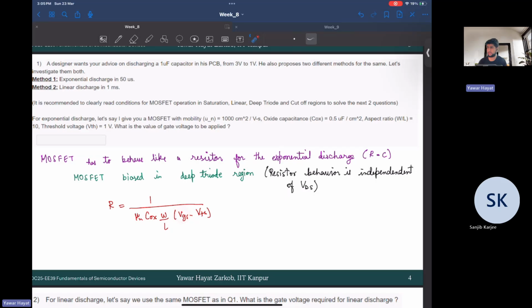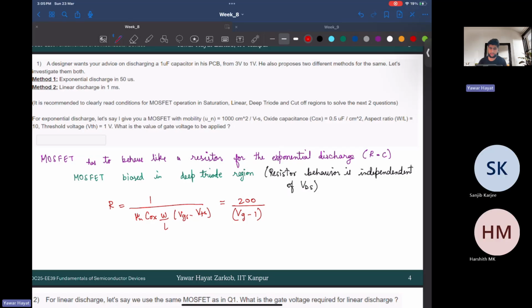We are left with this. If we simplify it, this will be 200 volt divided by (VG minus 1). This is the value of the resistance.